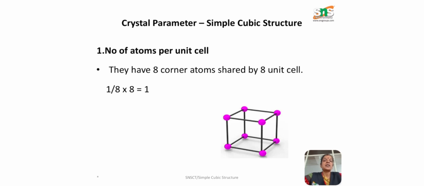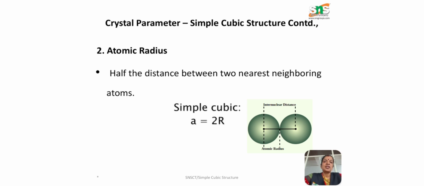The number of atoms per unit cell is 1. The next one is atomic radius. This is half the distance between two nearest neighboring atoms. That distance is denoted by a. Here a is equal to 2r, or we can write r is equal to a by 2.